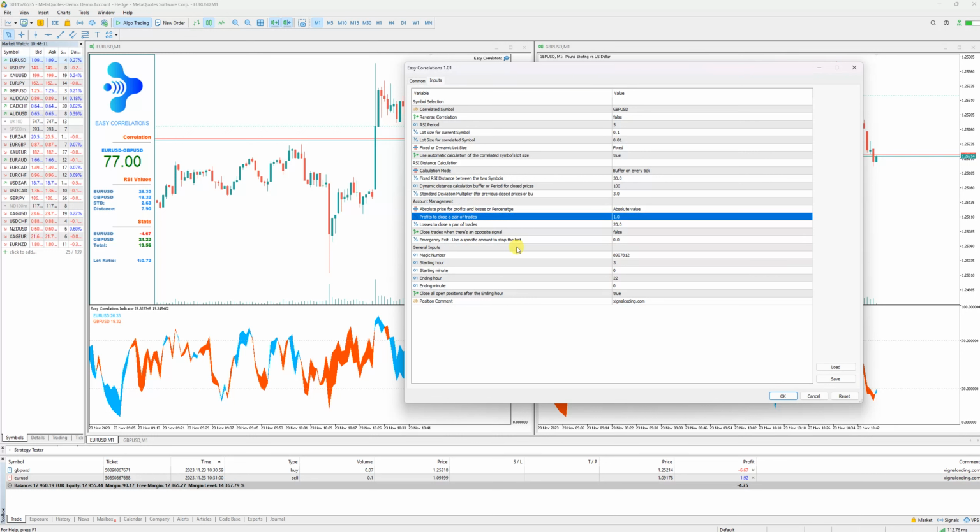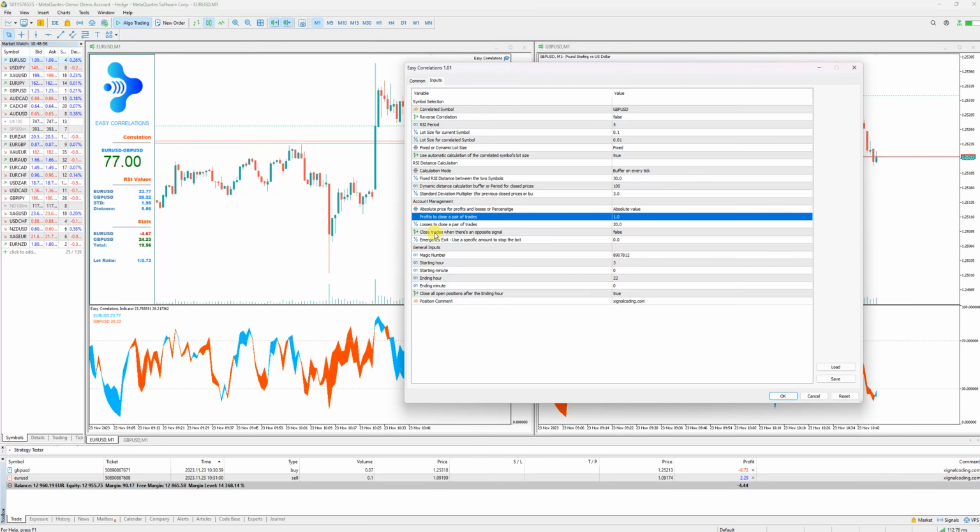So every time that I'm winning, and you can see the pair of my positions here, if these positions come up to winning 1 euro in my case, we're gonna take the profit and close both positions. This is what is happening here. Also, we have losses to close a pair of trades, and it is set to 20. So in case my pair of trades doesn't go well, it's gonna close when it's losing 20 euros, and we can enter the market again later.